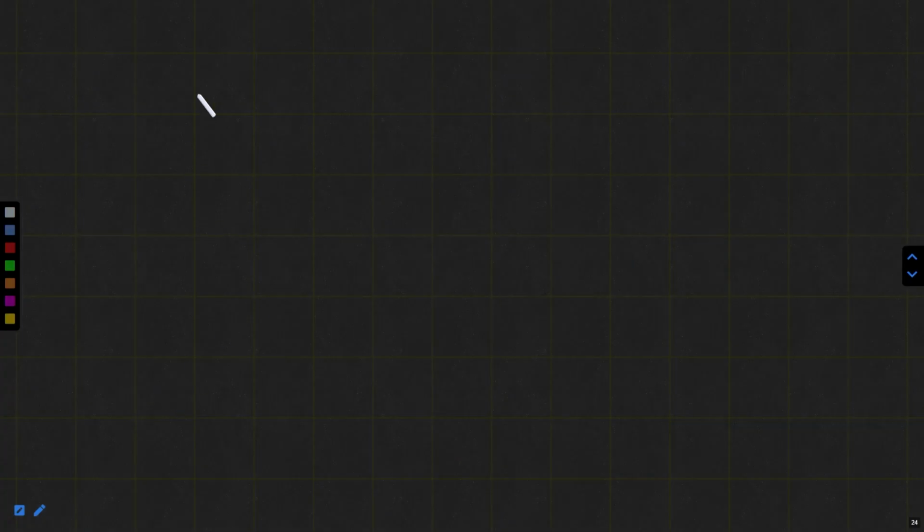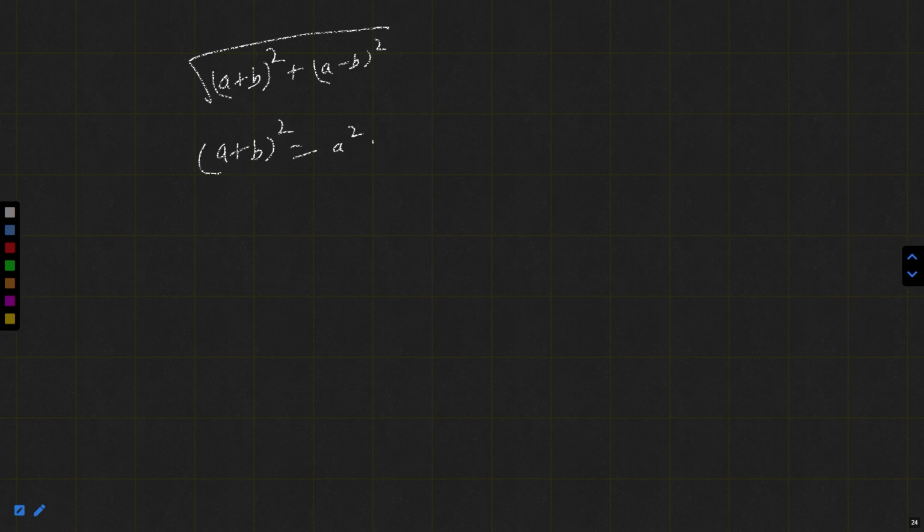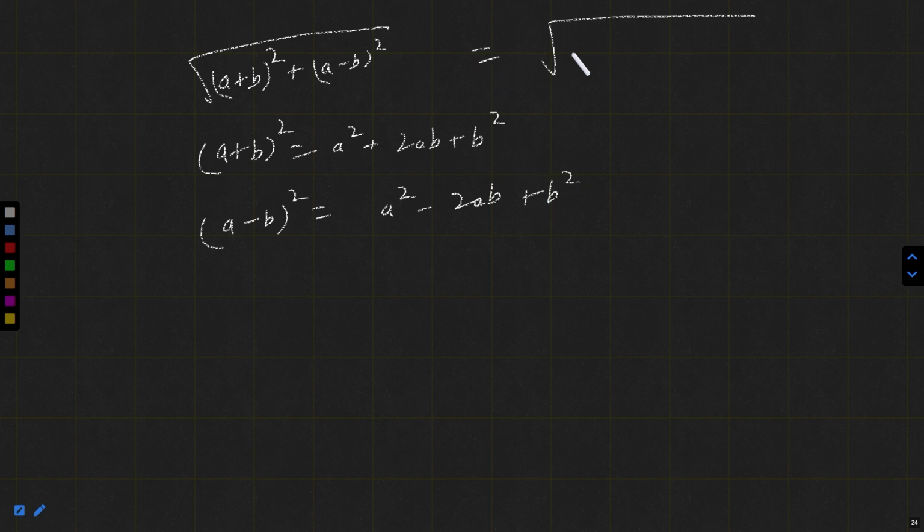Let's solve it. So a plus b square plus a minus b whole square, root. Now we know a plus b whole square is equal to a square plus 2ab plus b square, and a minus b whole square is equal to a square minus 2ab plus b square. Now putting values, a square plus 2ab plus b square plus a square minus 2ab plus b square.